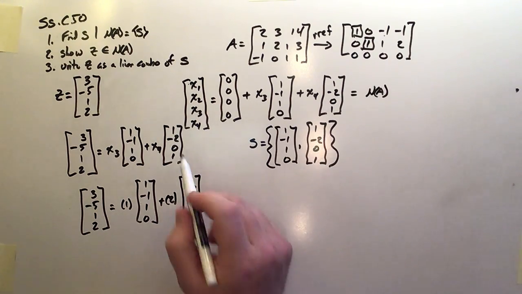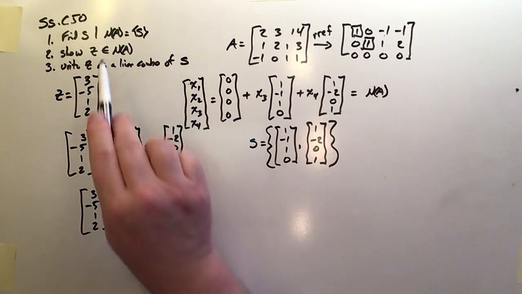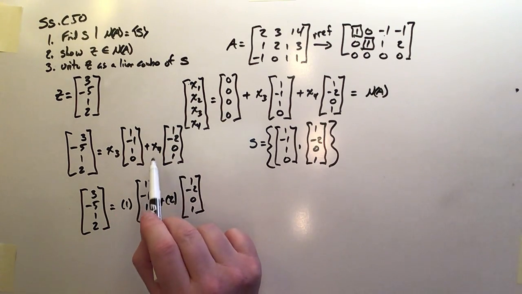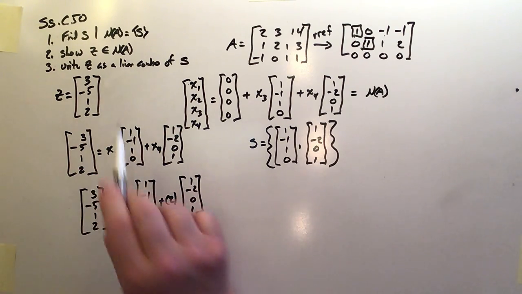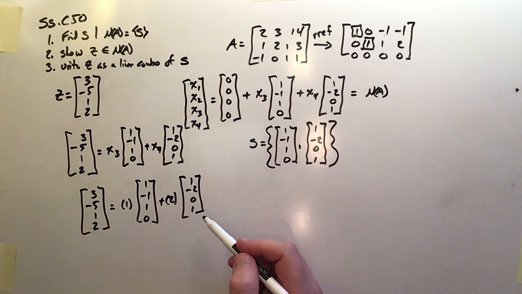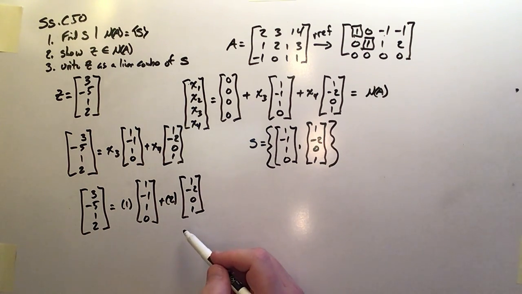So there it is. Z is actually an element of the null set because it makes it true, and here's Z written as a linear combination of the span. And there's the span.